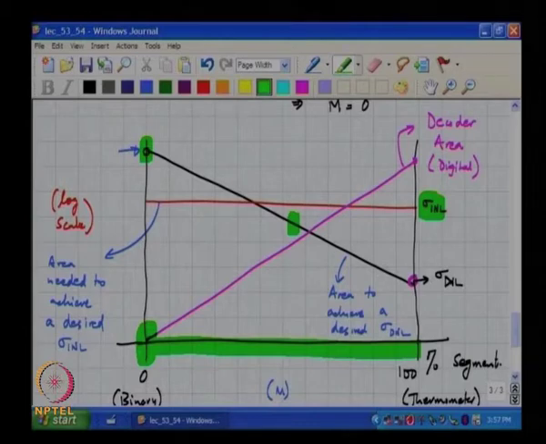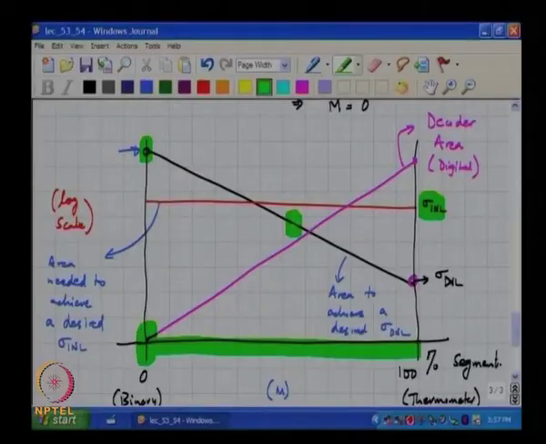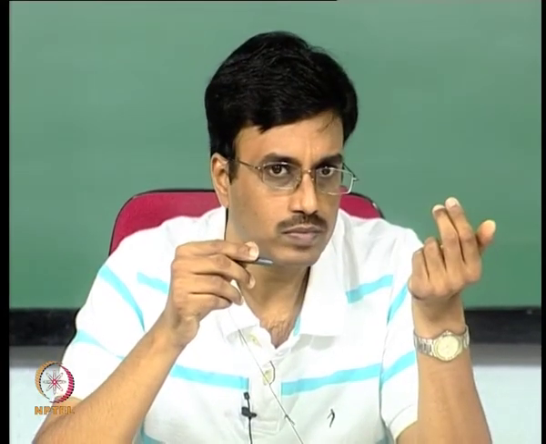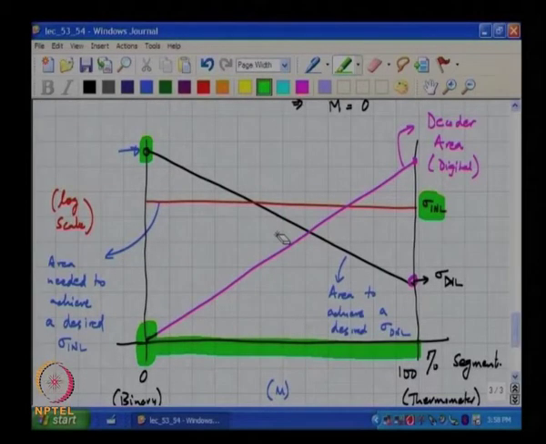The sigma DNL reduces, but if I chose this area for instance, I am okay as far as sigma DNL is concerned. However, sigma INL becomes a problem. So, what should I do? I should not fall below the red line.